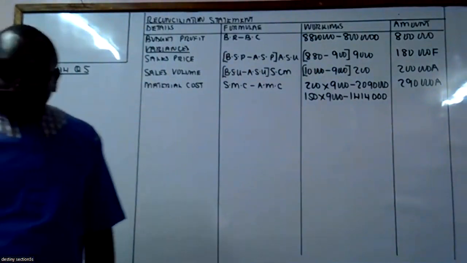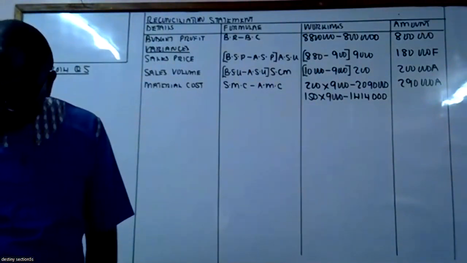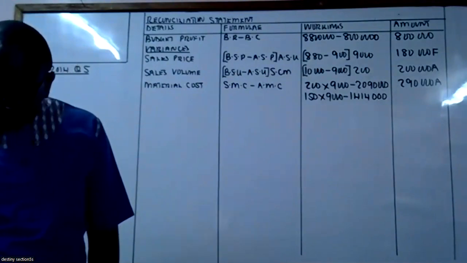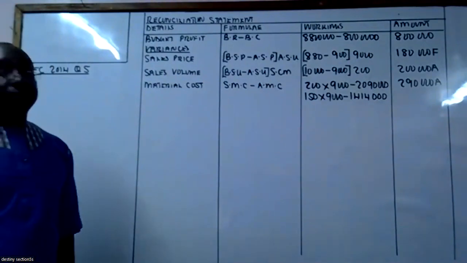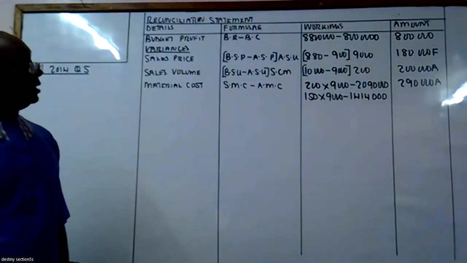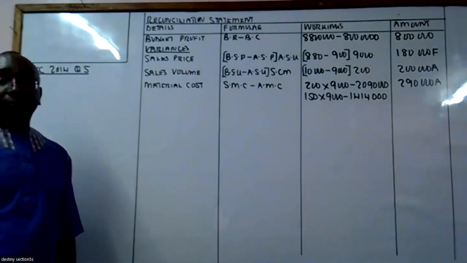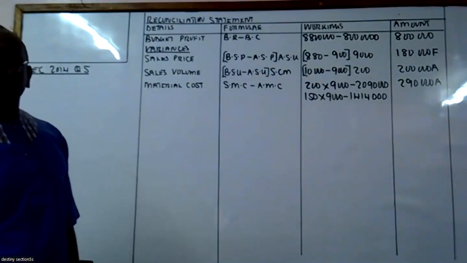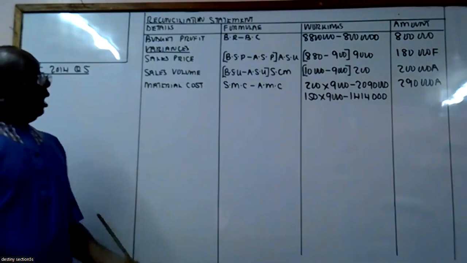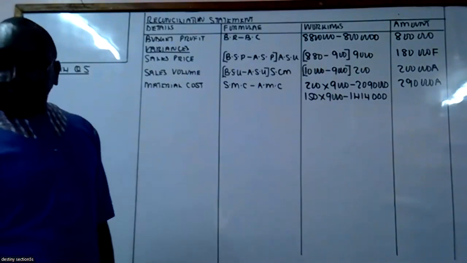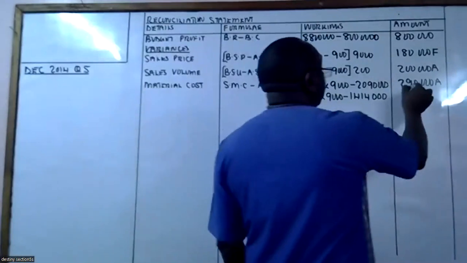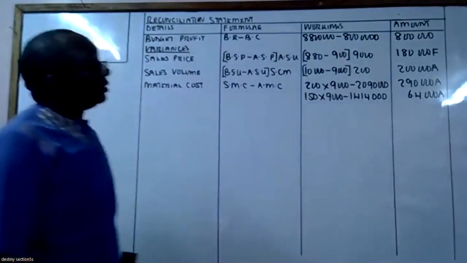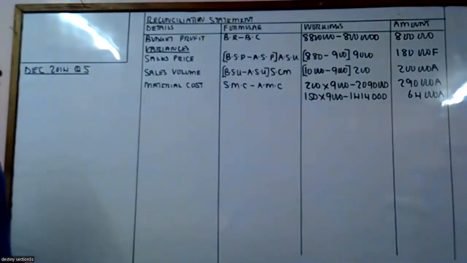So we have 150 times 9,000 minus 1,414,000. So tell me how much that is. So that is the 64,000 advance. 64,000, which is advance. That is material cost.